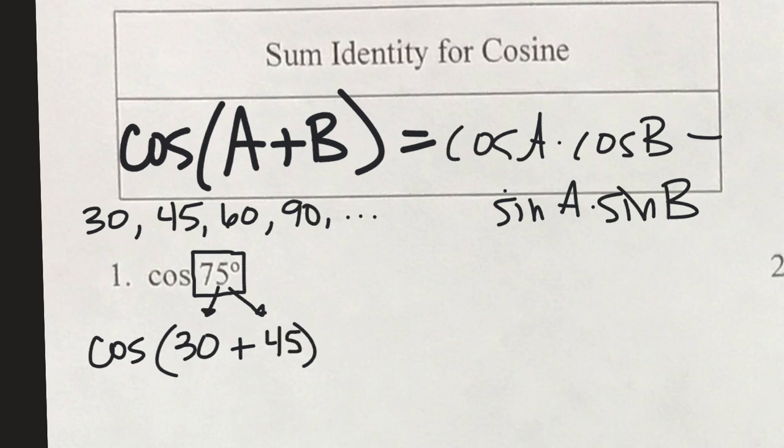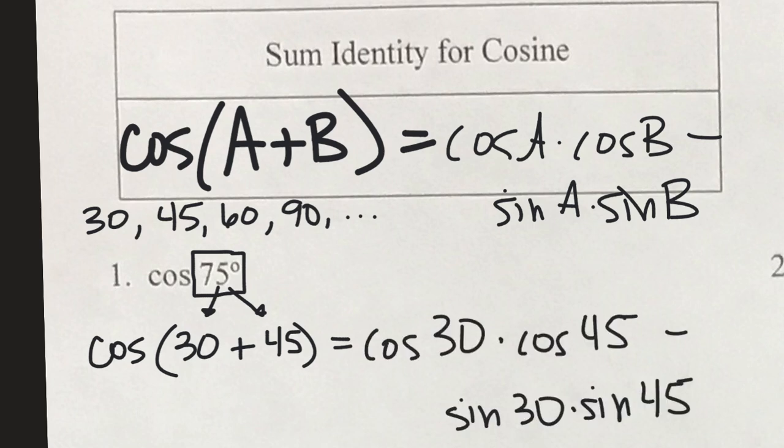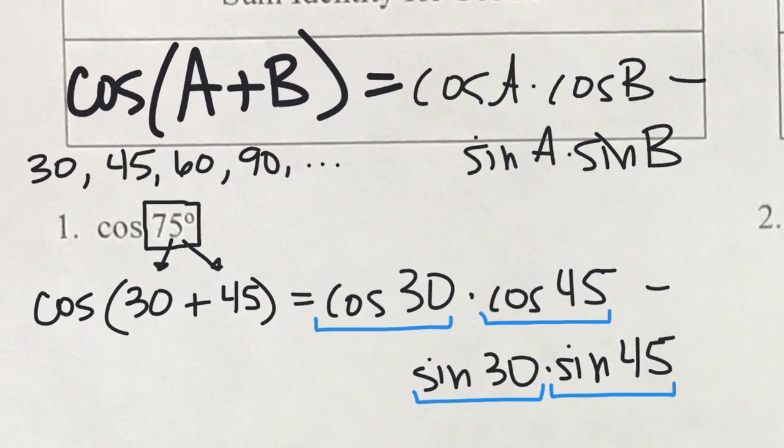So we're going to use our formula for the cosine of two unit circle angles that I'm going to add together. Once I identify those two angles, now I use the formula. Now that it's in our formula, we're going to go to our unit circle and figure out what each of these values are from your unit circle, not from your calculator.